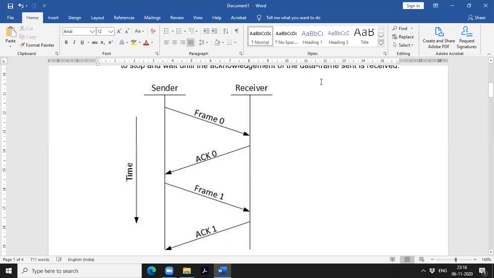The sender and receiver take the same time for sending data, and the sender has to wait until a positive acknowledgement is received from the receiver. So here the main drawback is the waiting time.